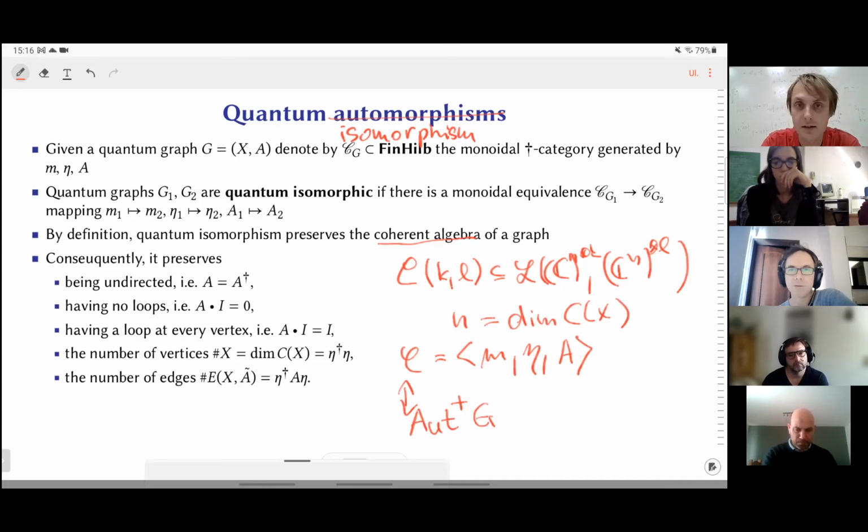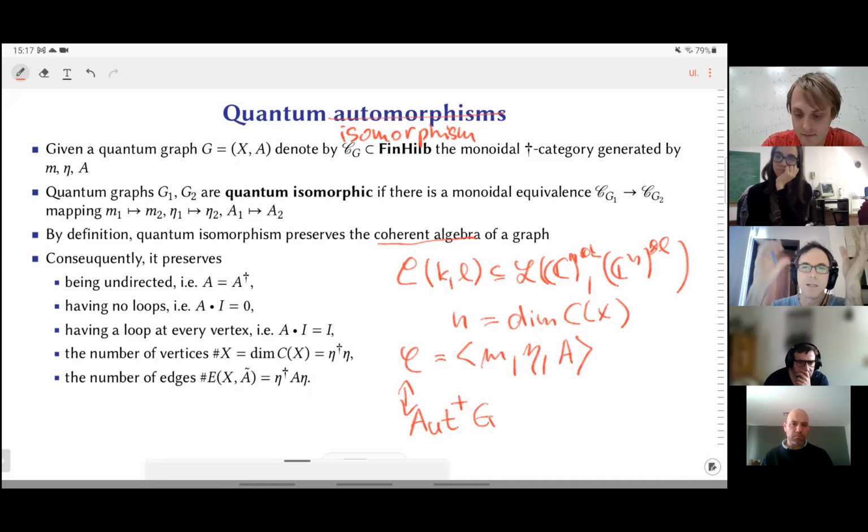Going back to the picture that you made before, with boxes or circles for the quantum vertices and big lines instead of edges and lines, it seems that a quantum graph is a kind of classical graph, but labeled by algebras and maps.